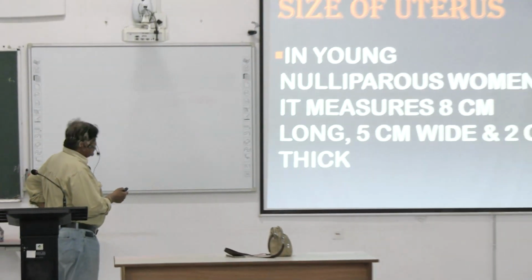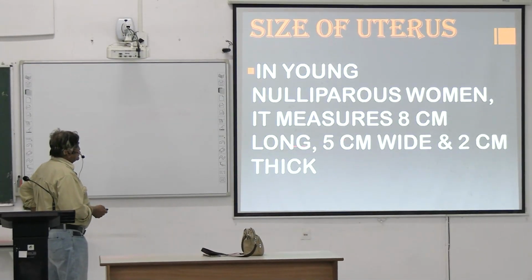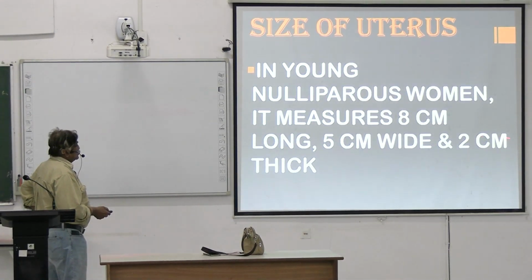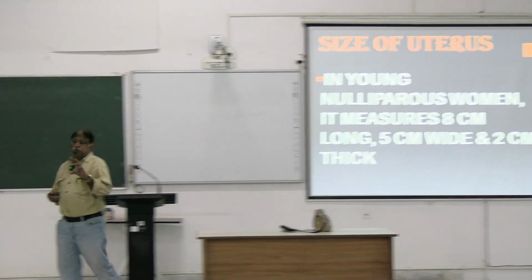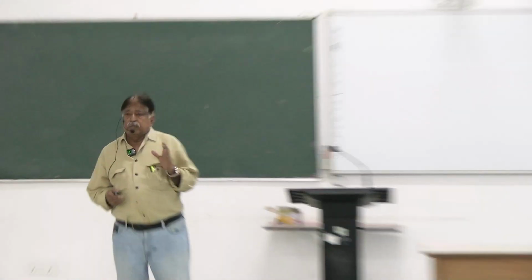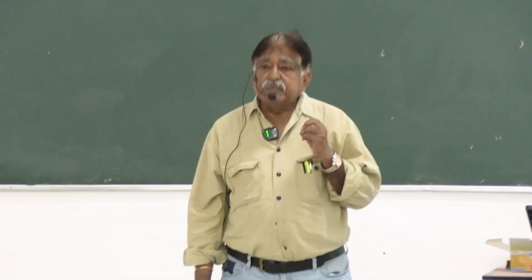Now, size of the uterus in a young nulliparous woman: its measurement is 8 centimeters long, 5 centimeters wide, 2 centimeters thick. You have to know the normal size, because this organ is a mysterious organ.